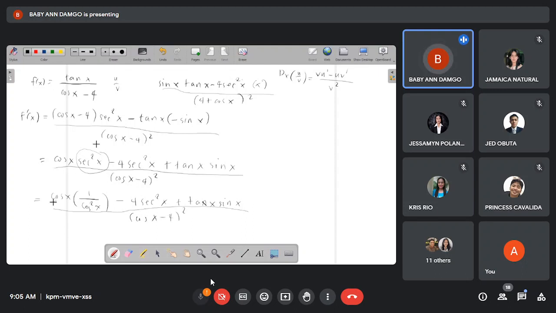One factor cancels, so the result is secant x minus 4 secant squared x plus tan x sine x all over cosine x minus 4 squared. Okay, so this is the final answer.